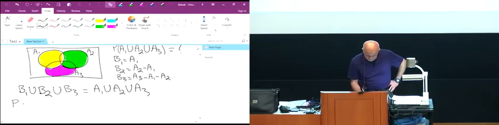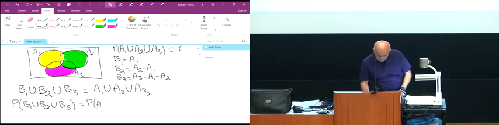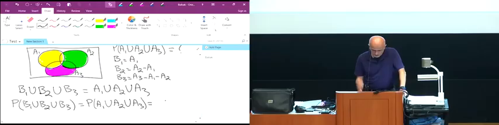So, the probability of B1 union B2 union B3 is the same as the probability of A1 union A2 union A3. And I know what about these? It's equal to what? The sum of, because B1, B2, B3 are mutually exclusive, these are what? Probability of B1 and what? Probability of B2 and probability of B3, right?